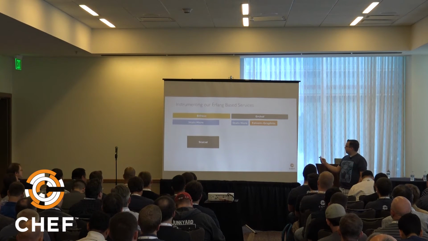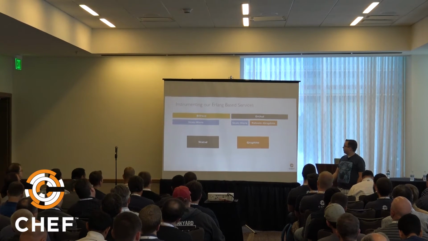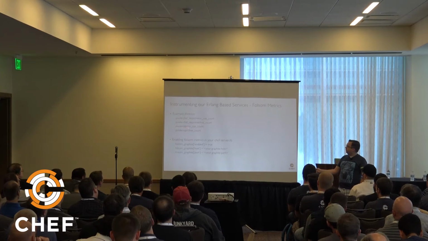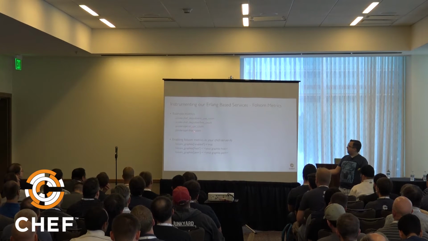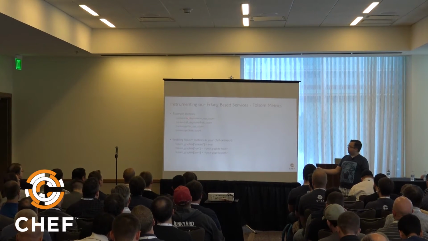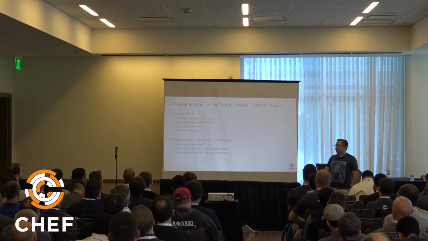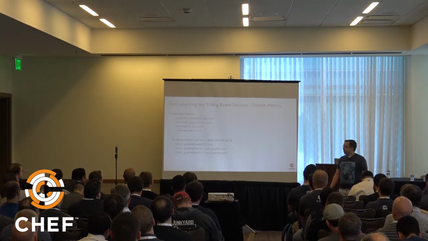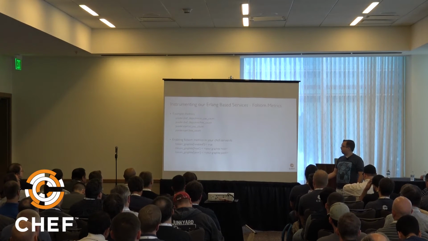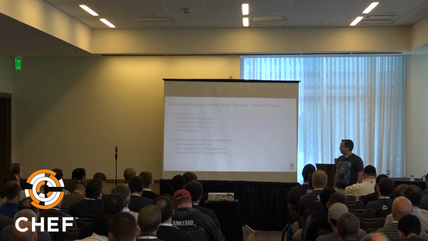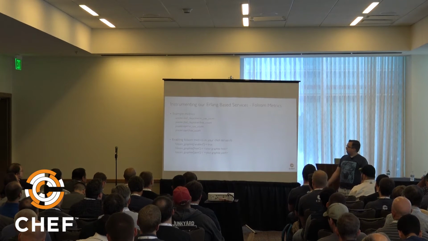And Folsom tracks how much of that is free or used, and we'll actually have some examples here. So Sqerl is basically our SQL library, and you can see that you would get an in-use count and a free count out of it. As well, we track our depsolver pool, and you would get an in-use count and a free count out of that. Pretty useful metrics, especially if you're seeing 500 errors coming into your Chef server, and you can go and check and see some of your pools are full. And this is how you would enable it.